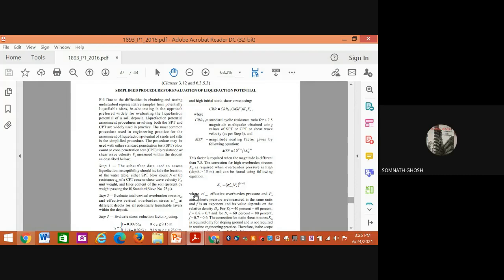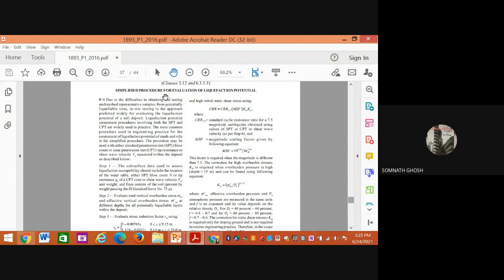But what I told you is very important, that this method is not the Bible. It is not above criticism. But at least a golden beginning has started. Nothing was there in the code. Now at least they have given something. Maybe within another 2-3 years, this method will be modified or better presented.